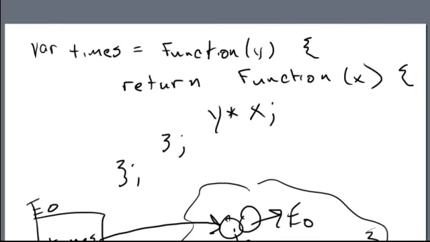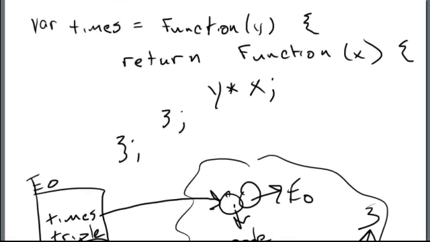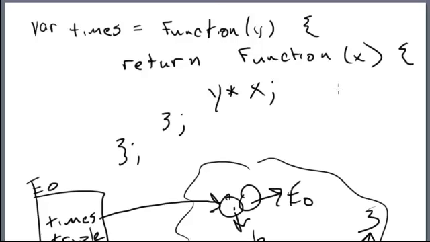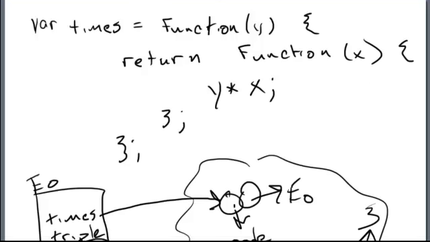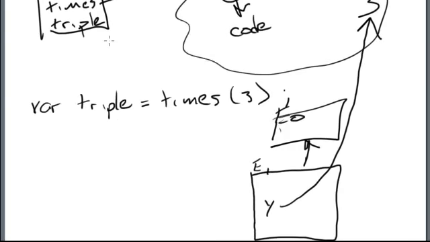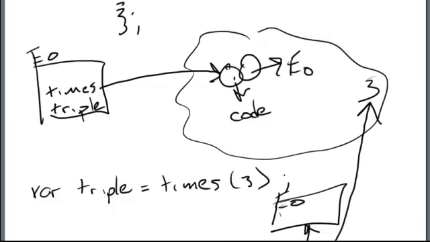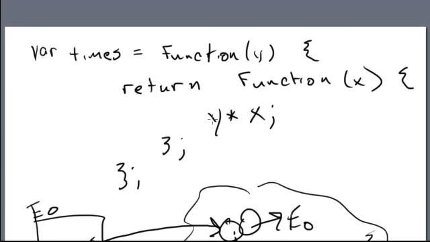Then it executes that function, which is what is going to create this value here and return that value. So that return value is going to be assigned to triple right here. So this y right here gets assigned to 3.